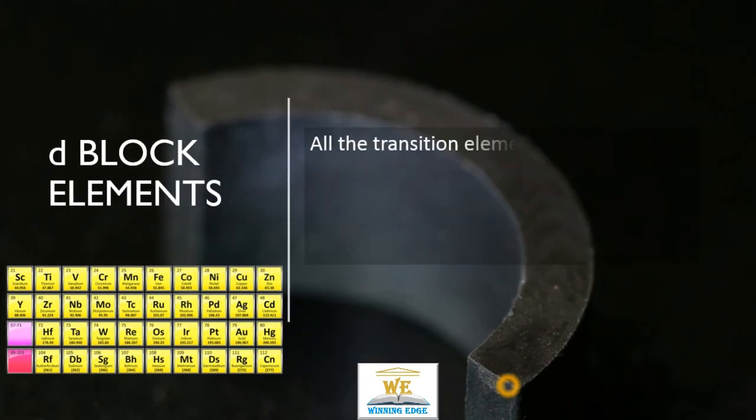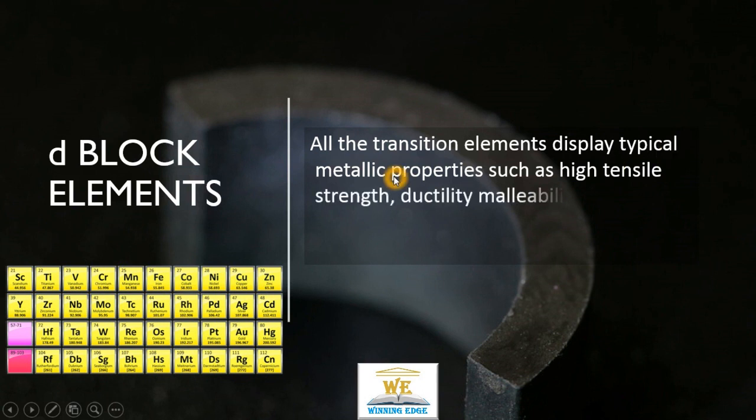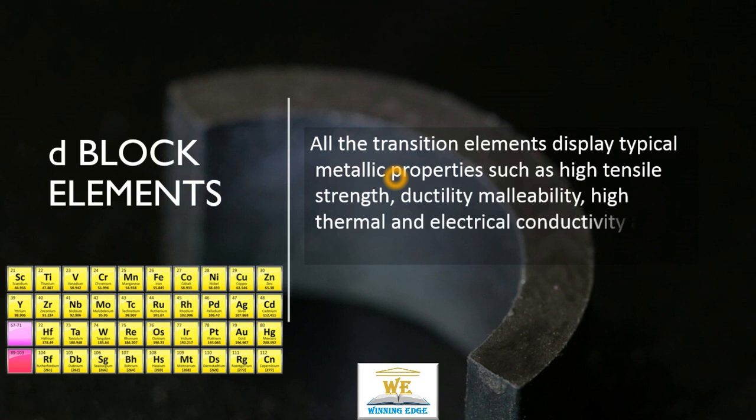All the transition elements display typical metallic properties such as high tensile strength. Tensile strength means it will not break when it undergoes stress. Ductility means they are ductile, we can make them in the form of sheets.